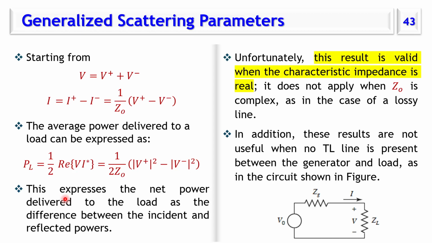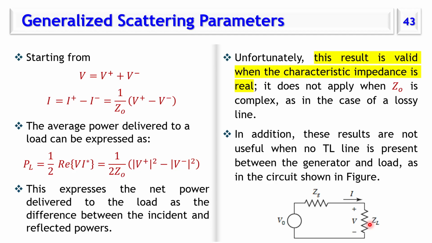Even after introducing the scattering matrix, it was found that it does not solve all the problems. There are some cases where it is difficult to apply the scattering matrix, like the case of a generator connected to some circuit without any transmission line.